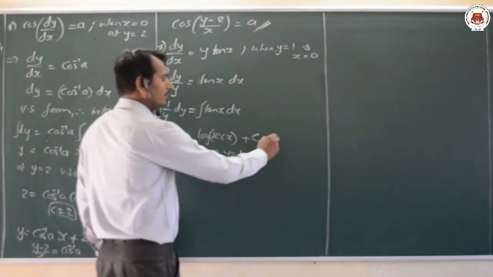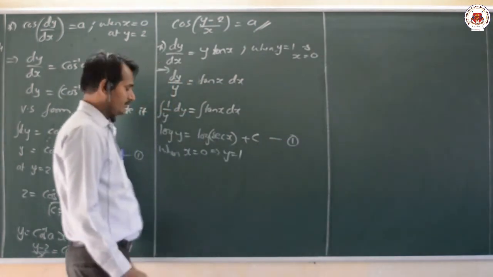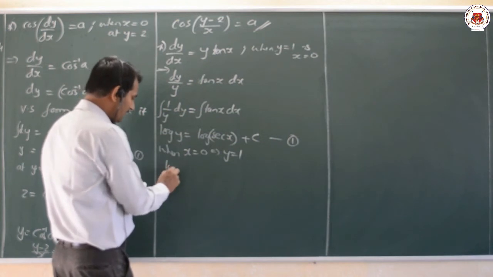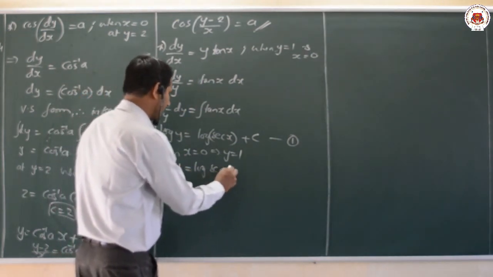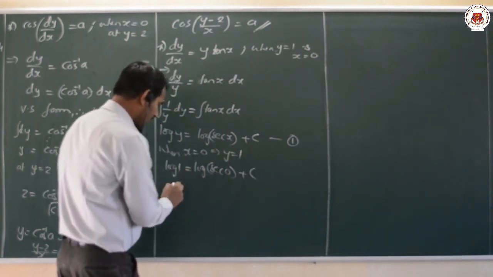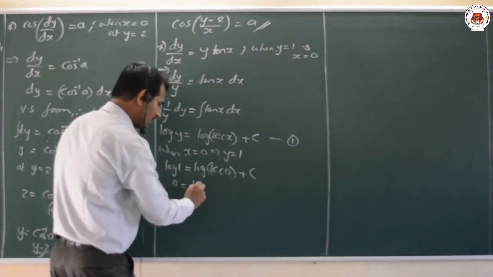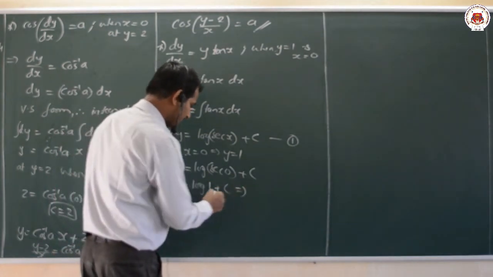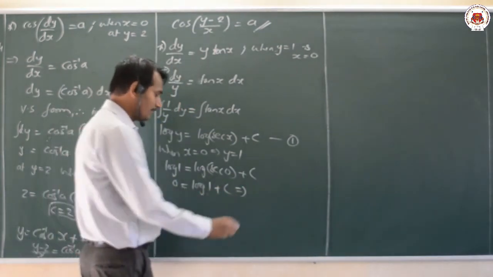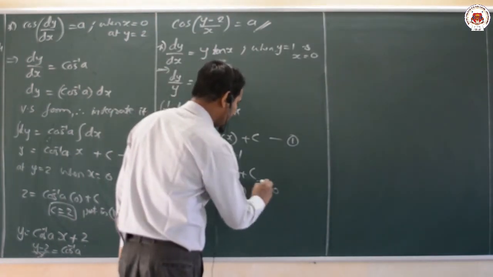Substitute in the above; you can take it as equation number 1 here. Log y, that is log 1, equal to log of secant 0 plus c. Log 1 value is 0, equal to log 1, since secant 0 value is 1, plus c. That implies c equal to 0.